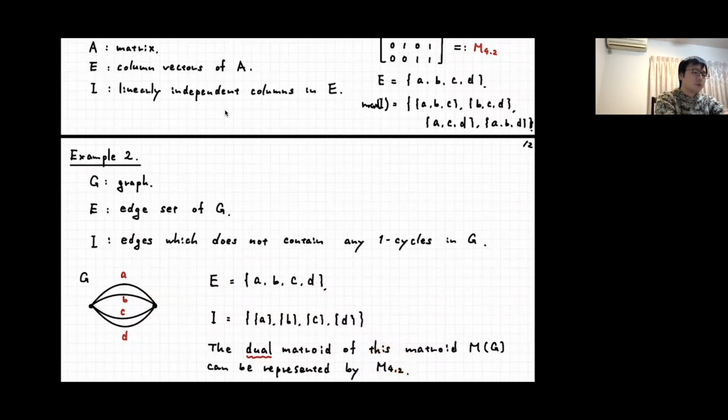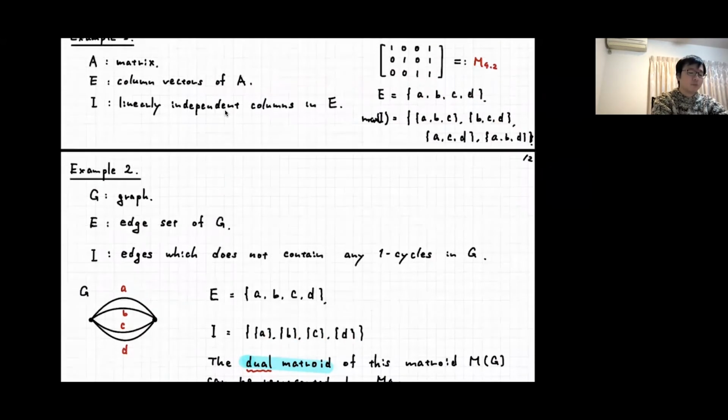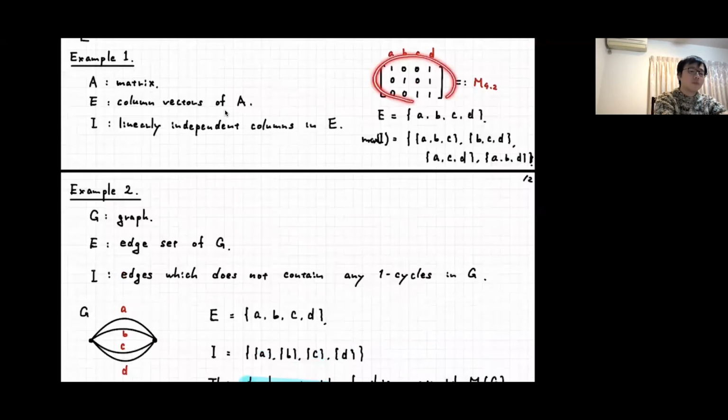Very precisely, I need to, of course, introduce what a dual matroid is, but roughly speaking, for the maximal independent sets, we just take the complement of each entry from the whole of the capital E. So in this case, starting from ABCD, the complements of ABC, BCD, and so on give each of the single elements. So we obtain the dual matroid in this case. And this can be represented by the columns of this matrix M42.